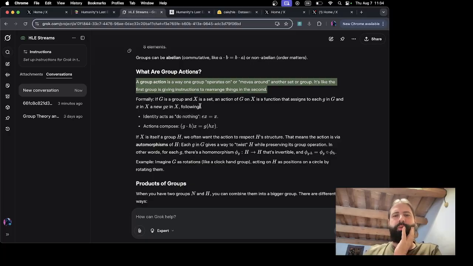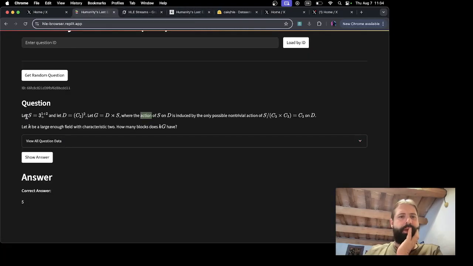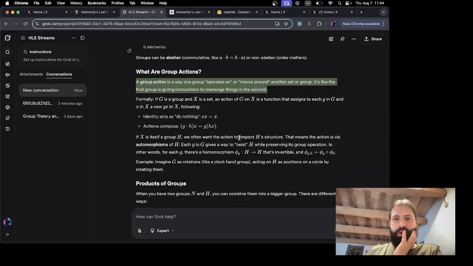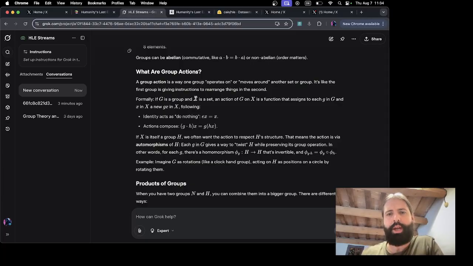Formally, if G is a group and X is a set, I assume those things are just groups. An action of G on X is a function that assigns to each g in G a map on X. Okay, that's what I was looking for. So, if G is a group and X is a set, the group is acting on a set. I guess the set is a group without an operation, right? That's my guess.